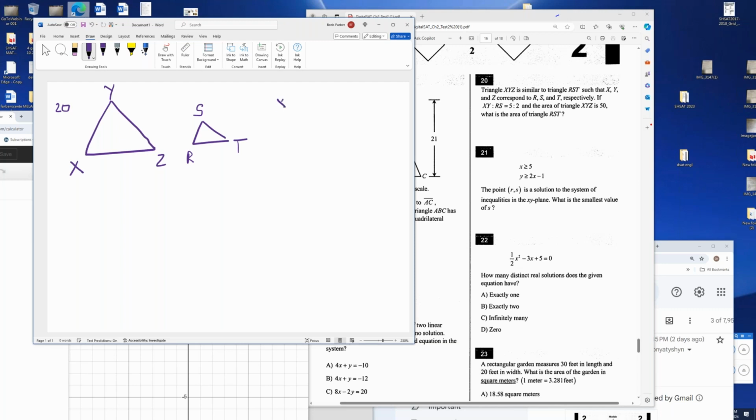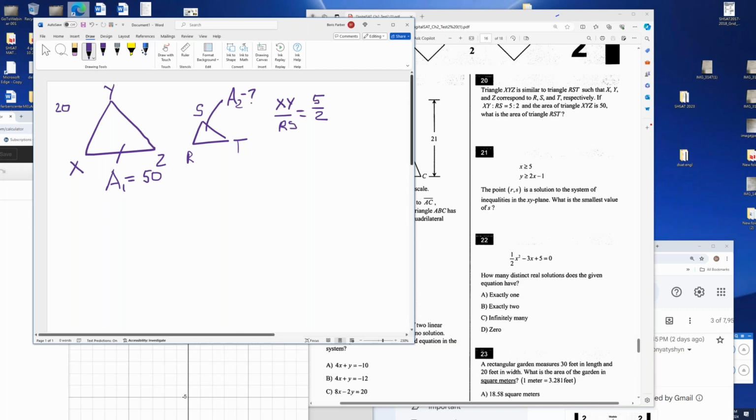XY to RS equals 5/4. Area of triangle XYZ, I will name it A1, equals 50. A2 is question mark.